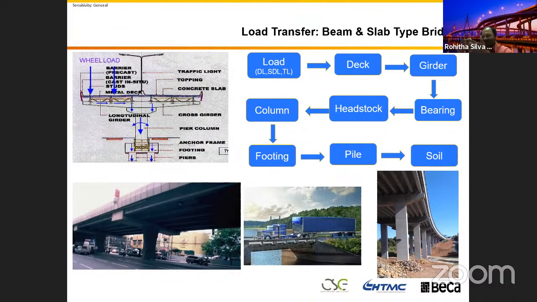All these bracings and the deck, barriers, asphalt. If you have a shared path, additional concrete toppings, and if you need to put in lighting, or more barriers, the edge barriers and median barriers, all those weights we have in the bridge.